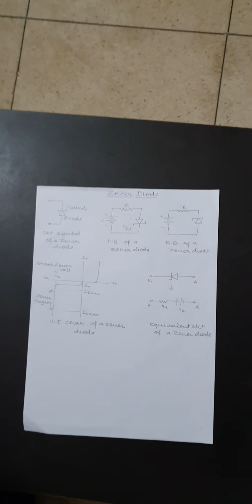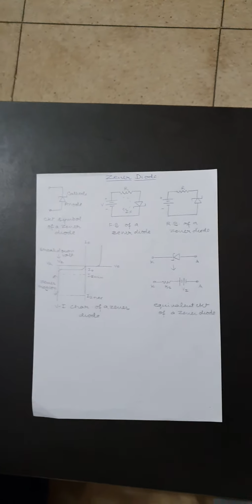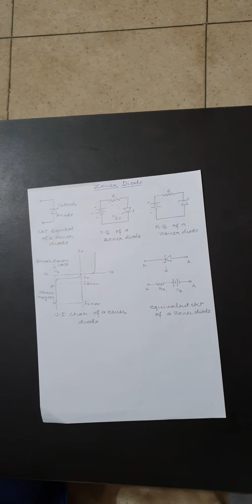The Zener current after the reverse breakdown voltage must be controlled by connecting a resistor R as shown in figure. This is essential to avoid any damage to the device due to excessive heating.